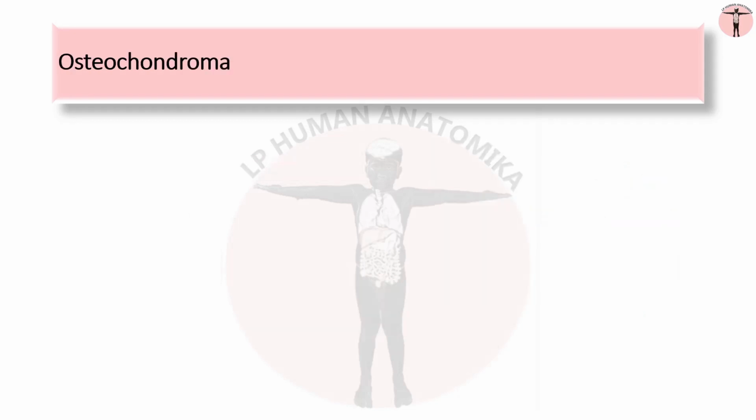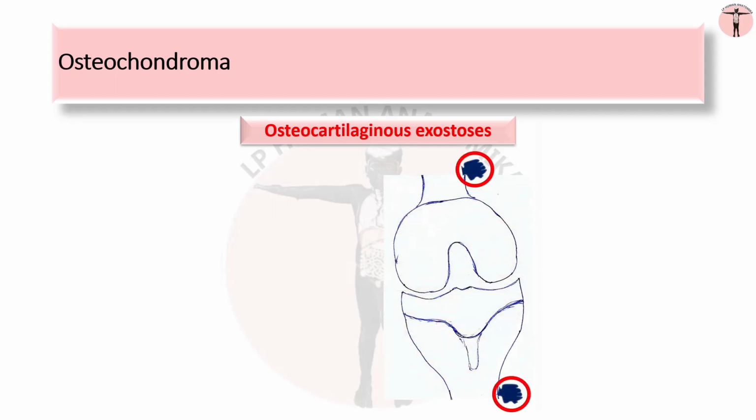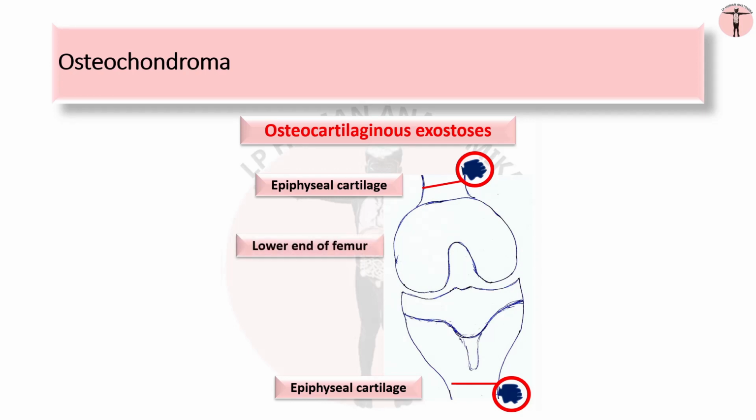Osteochondroma, also called osteocartilaginous exostosis, is the commonest of benign cartilage forming lesions. Osteochondroma is an overgrowth of cartilage and bone that happens at the end of the bone near the growth plate or epiphyseal cartilage. It mainly occurs at the lower end of the femur, upper end of the tibia and humerus, and scapula.